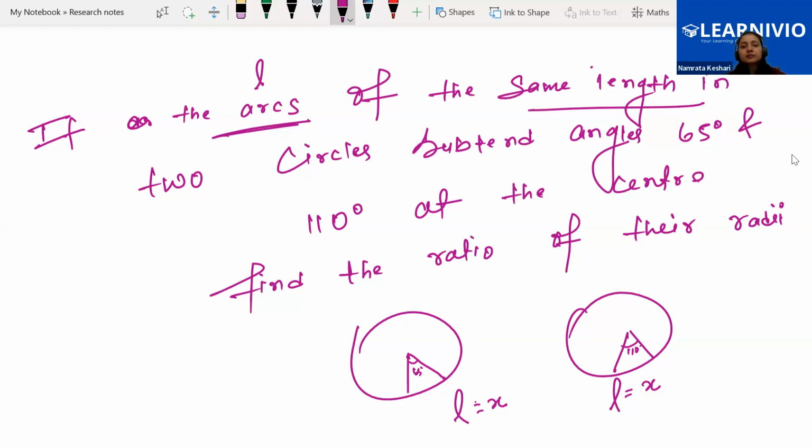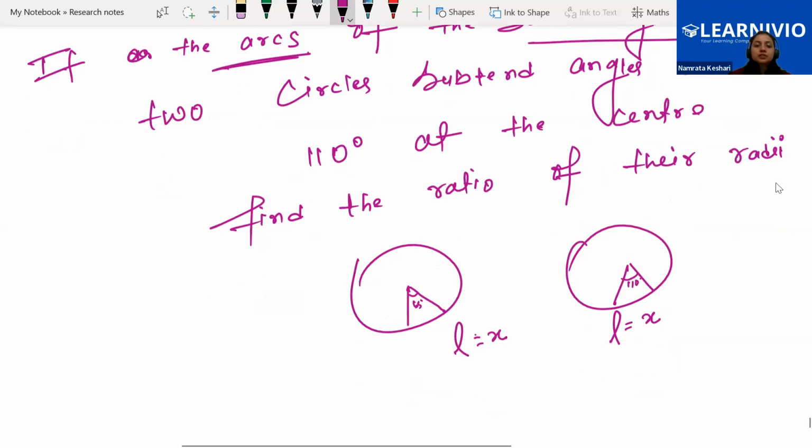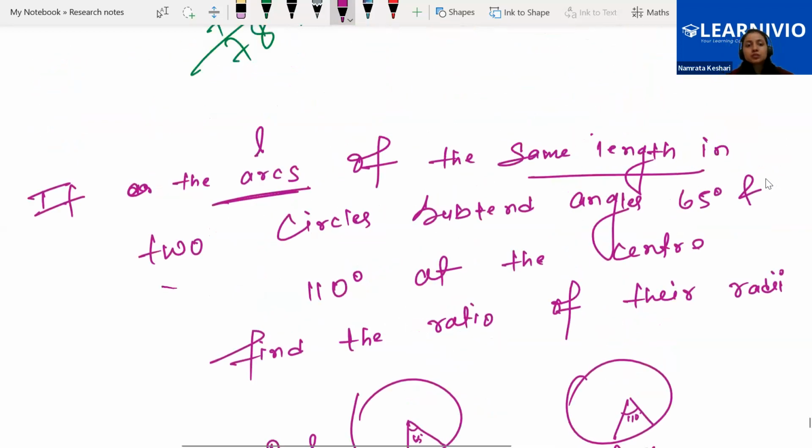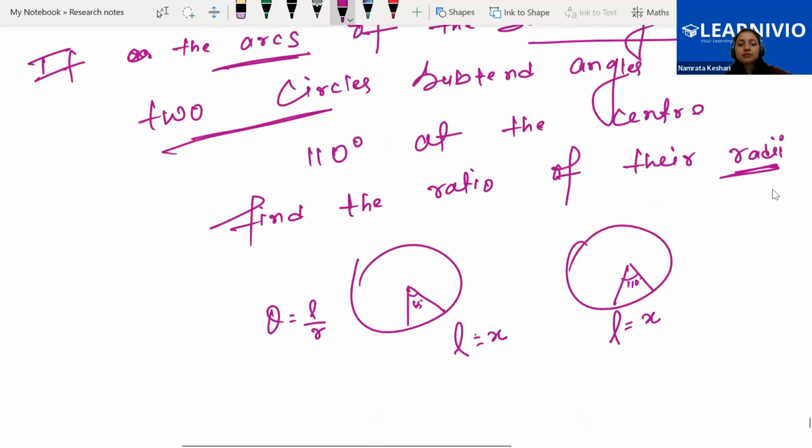We will be finding it, let's do it. We will be using the formula theta is equal to L by R. See, two circles are there, and two different lengths of arc are there. Two different angles are there. We have to find the ratio of their radii. Ratio of their radiuses we have to find.